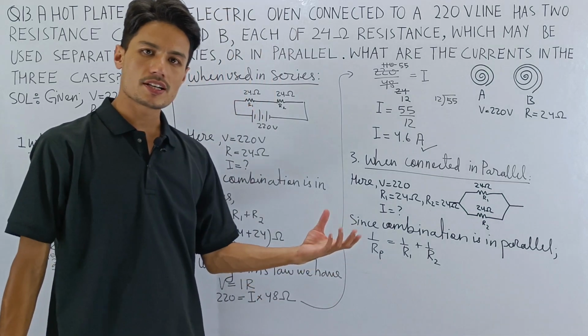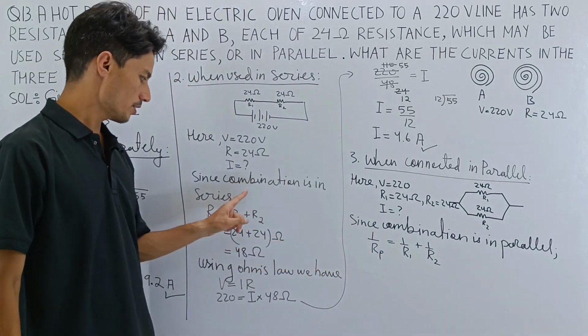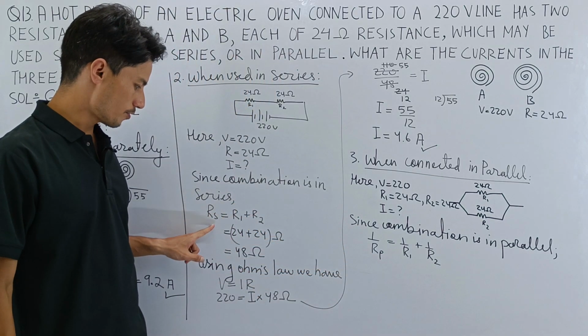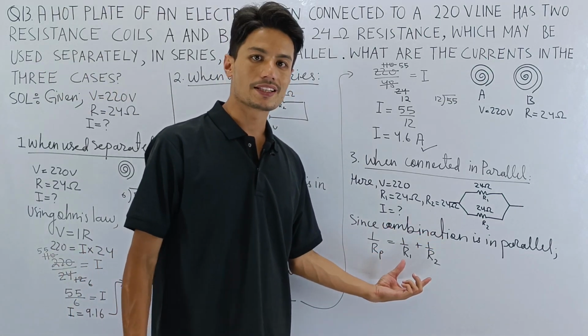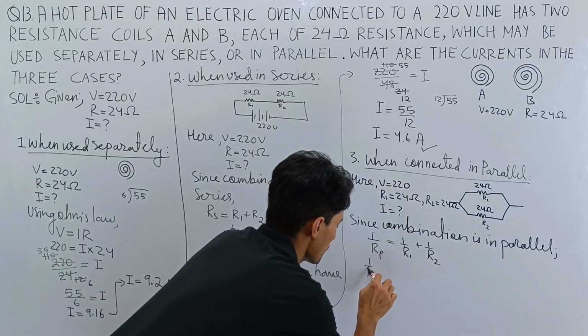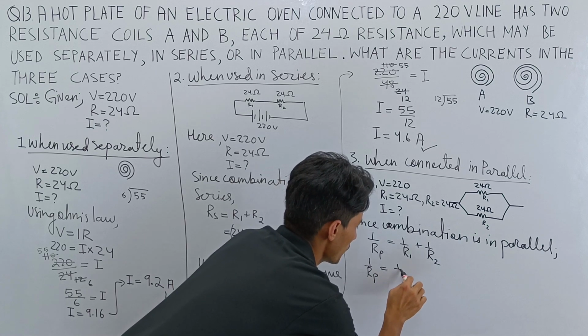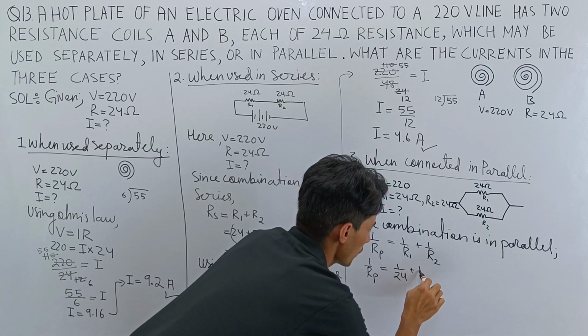To calculate the equivalent resistance, you need to know the type of combination. Here the type of combination was in series, and we have a formula for that. Here it is in parallel, and we have a formula for that. So 1 by Rp is equal to 1 by 24 plus 1 by 24.